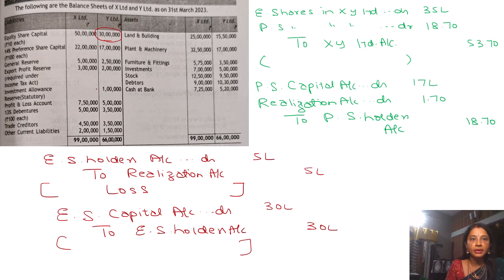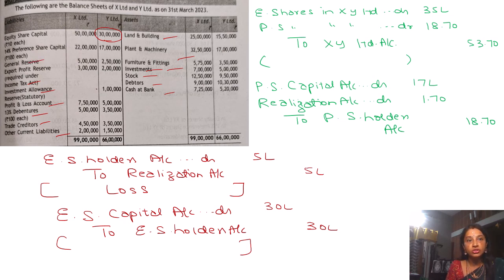So if you look at the balance sheet, you've closed everything. See, you transferred land and buildings, plant and machinery, furniture, investment, stock, debtors, cash at bank. You transferred other current liabilities, then trade creditors, debentures, P&L account, investment allowance reserve, statutory reserve, general reserve, everything you've transferred.